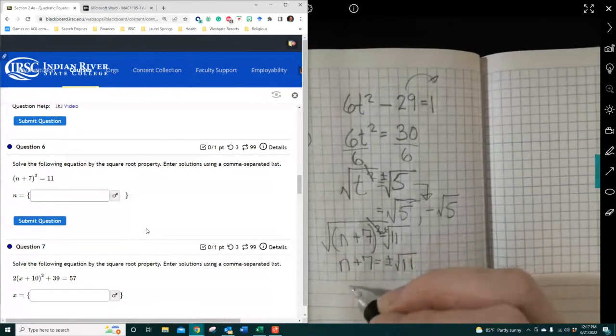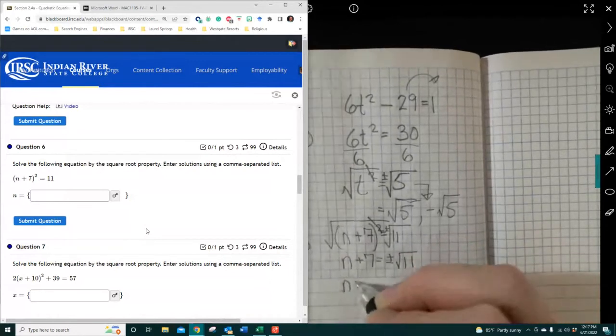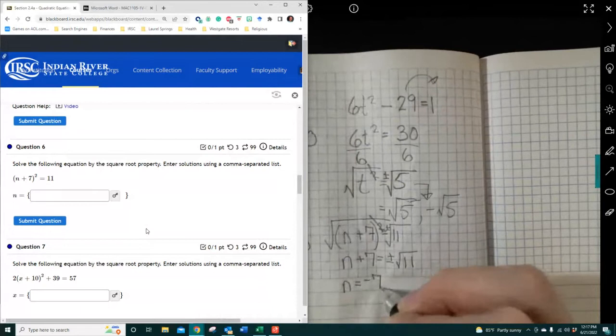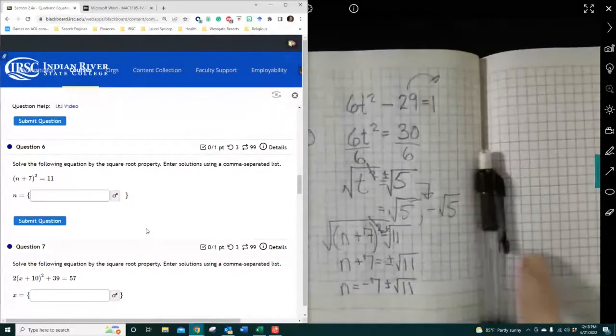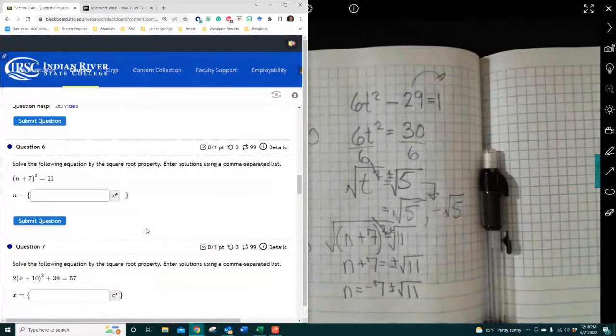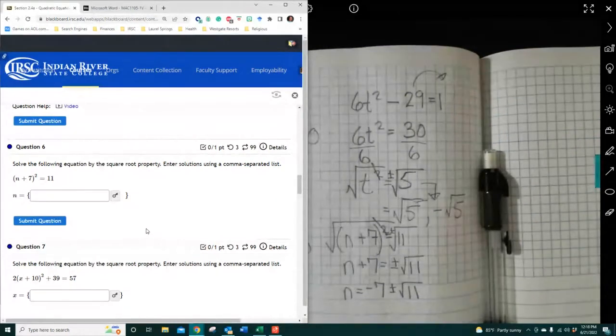Now, we go ahead and subtract 7 from both sides, so n equals -7 plus or minus square root of 11. And there, you would have to write it as two separate problems, -7 plus square root of 11, and then -7 minus the square root of 11. And that is the answer that we have here.